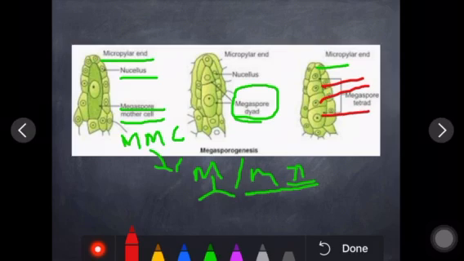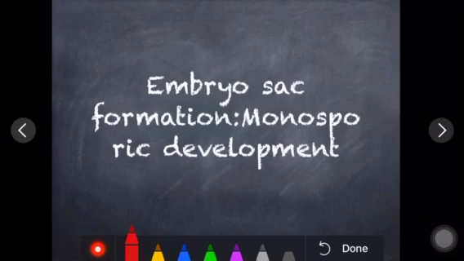So again I am repeating, the megaspore mother cell is the specific cell which helps to form megaspores, and this undergoes meiosis first and second, and as a result they form what? Megaspore tetrad. Okay, well, now we'll talk about embryo sac formation or monosporic development.